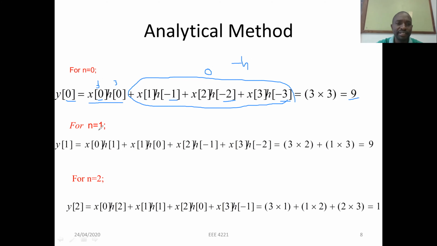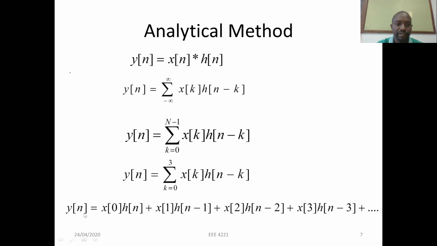Then we move on again in the equation. We move on by substituting n equals 1 wherever we have y of n. If we put 1 there, wherever there's n, we put a 1.